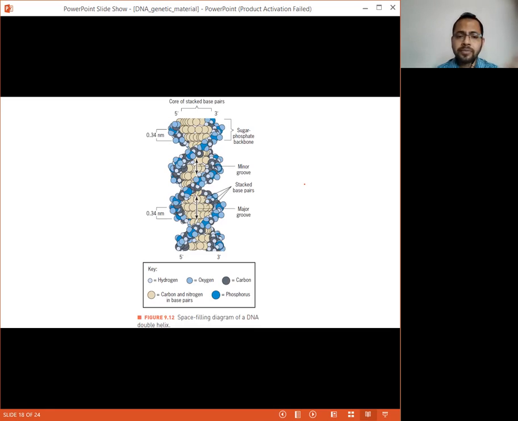So there are different structural views. Now you will find that the base pairs which are aligned this way are again stacked. That is known as base stacking.